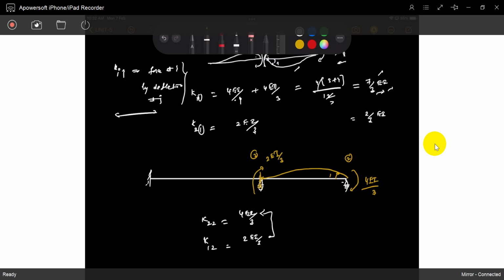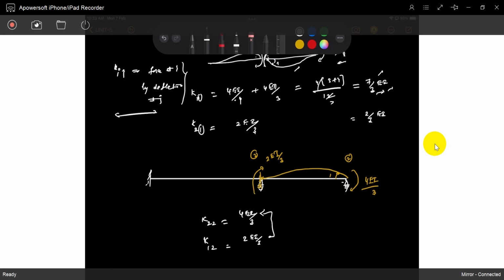If you check, the same matrix will come at the end of the previous problem. So no need to take this 4 by 4 and 4 by 4. You take 6 by 6 and delete the columns and rows, you will get that 2 by 2. Those 2 by 2 you can directly take, assuming only 2 degrees of freedom are there, 1 and 2. Find the stiffness matrix for the 2 degrees of freedom.